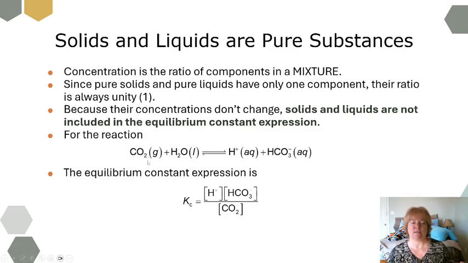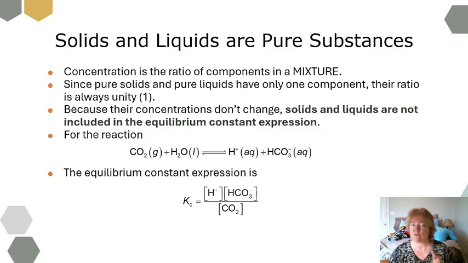So let's look at this example. CO2 in gas state plus water in liquid state, so this would be pure, makes H plus aqueous plus HCO3 minus aqueous. The only things I care about are the gases and the aqueous. So when I write this Kc expression, it's the concentration of the products, H plus and HCO3 minus, multiplied together.